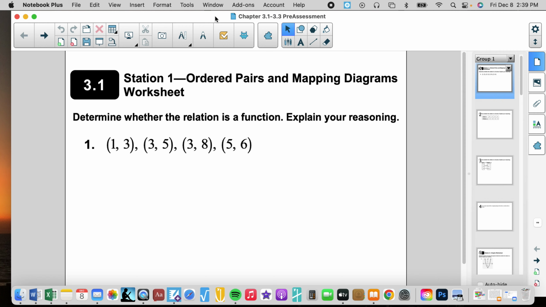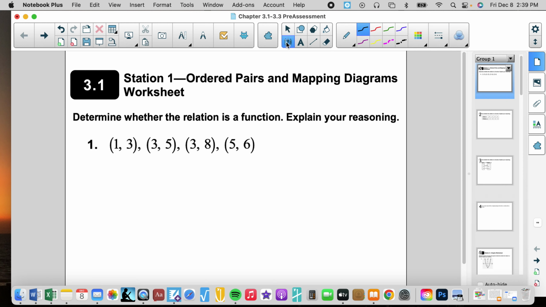And question number 1 shows a great example of data not mirroring a function. And the reason is because of this very problem: when you input 3, the output was 5, and then when you input 3 again, this time the output was 8.